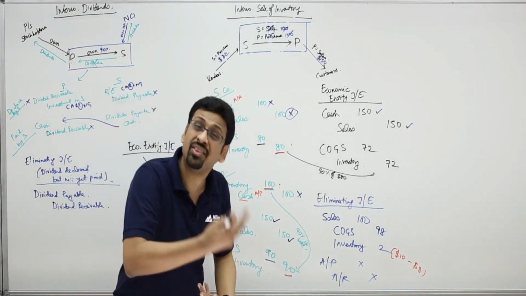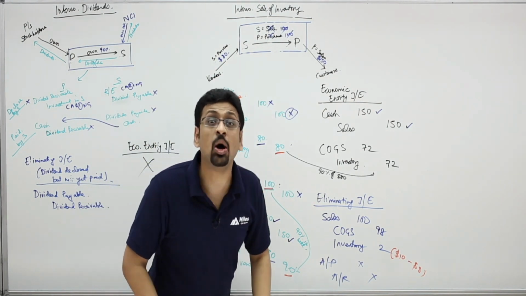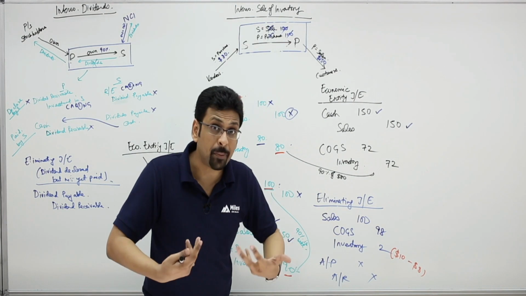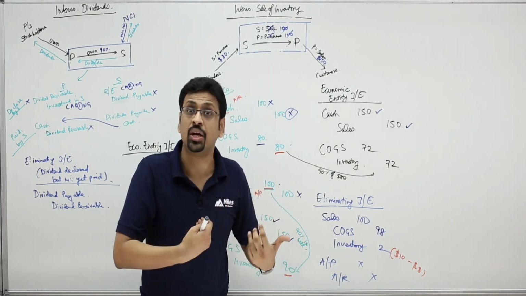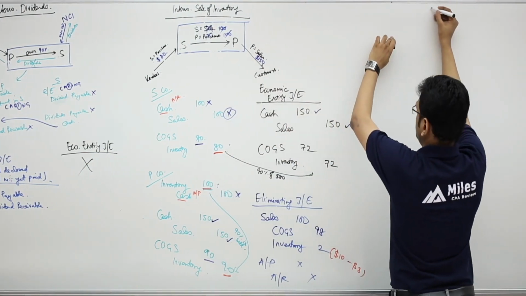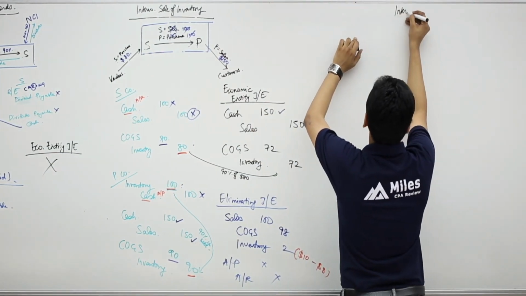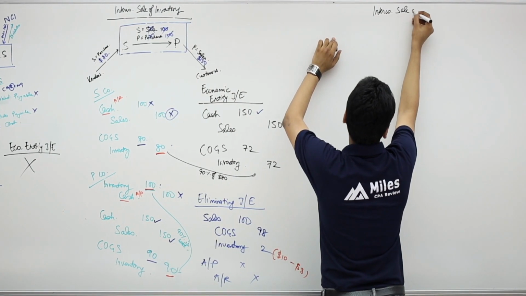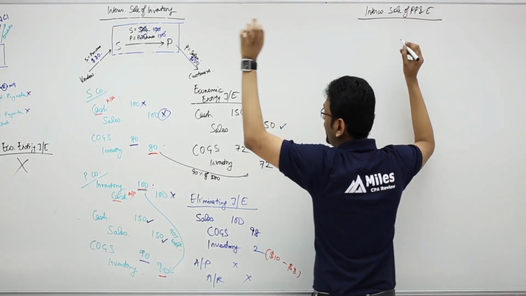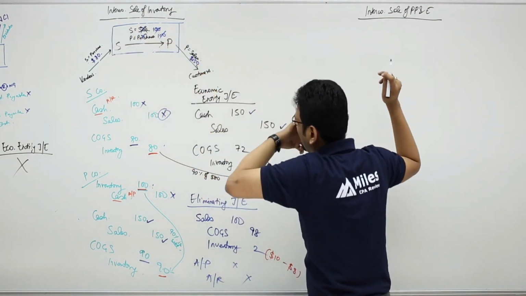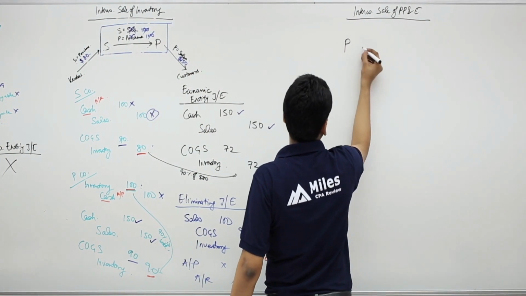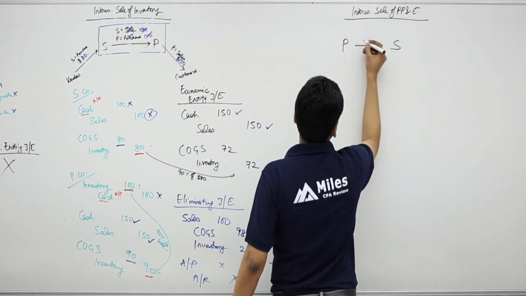And let's look at another simple intercompany transaction, and now we're talking about intercompany sale of PP&E, where the parent or the subsidiary is selling PP&E to each other. So here we have subsidiary selling goods to the parent. Let's change it a bit and let's say the parent is selling PP&E to the subsidiary.